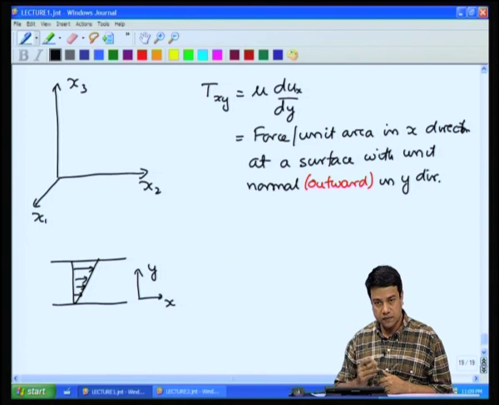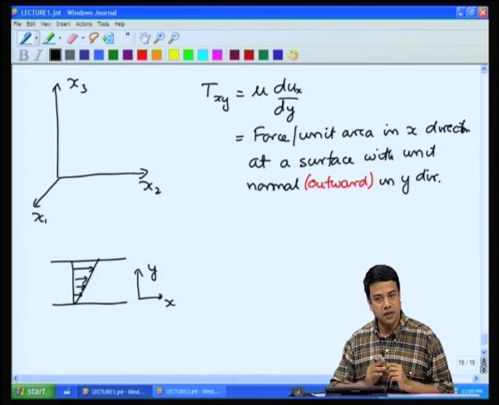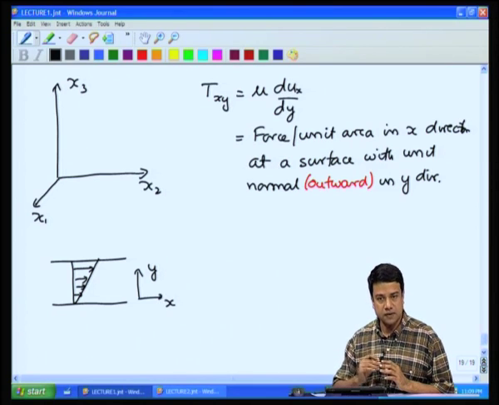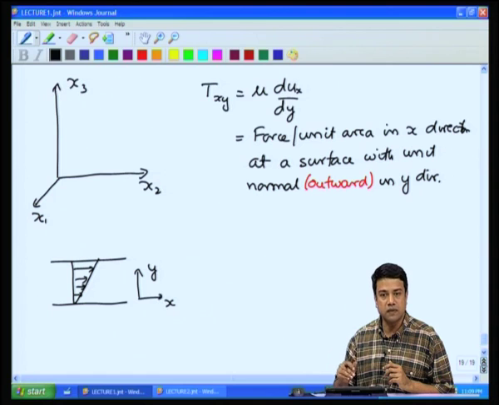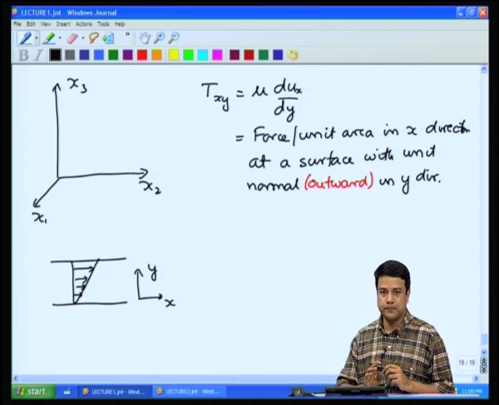One is the direction of the force, which is in the x direction; the other is the outward unit normal of the surface. Any surface within this three-dimensional system can be completely defined by the vector perpendicular to that surface. It is preferable to use a unit vector just to make sure that there is no ambiguity. So, with an outward unit normal, a unit vector normal to the surface in the y direction.